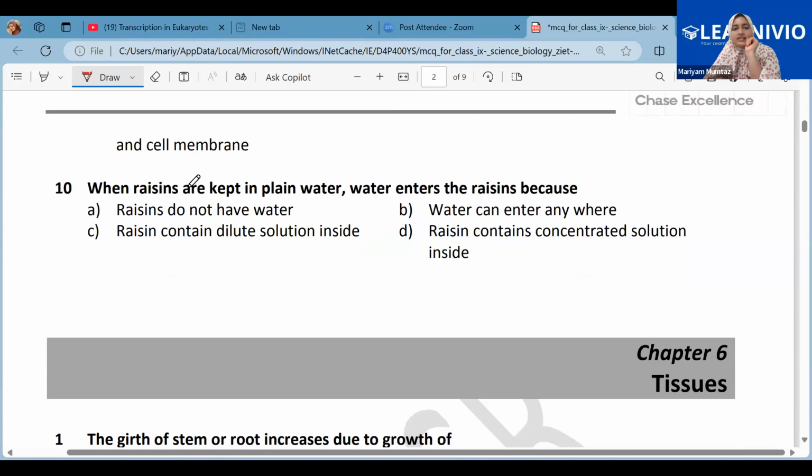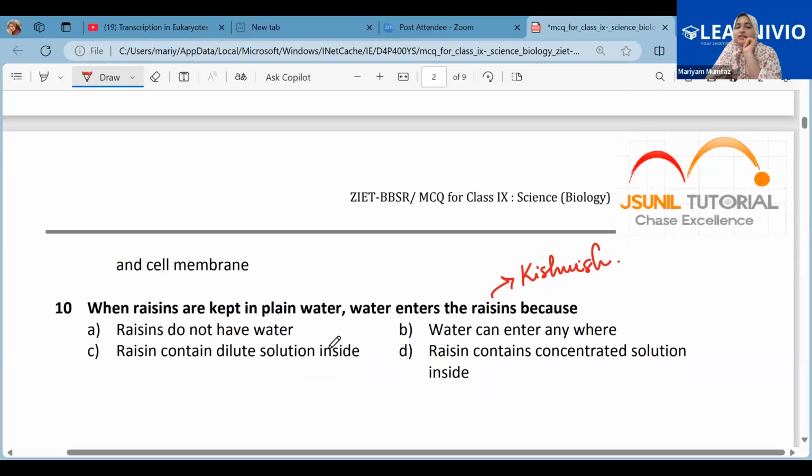Okay. When raisins are kept in plain water, water enters the raisins because raisins, you people understand, kishmish. So tell me what happens. Because raisins do not have water? Or raisins contain concentrated solution inside.